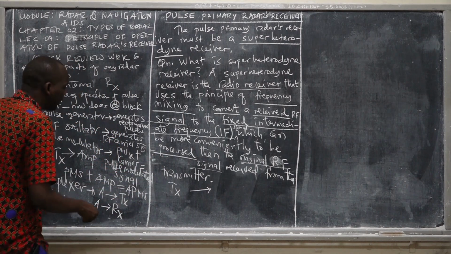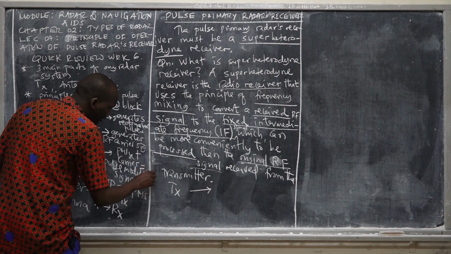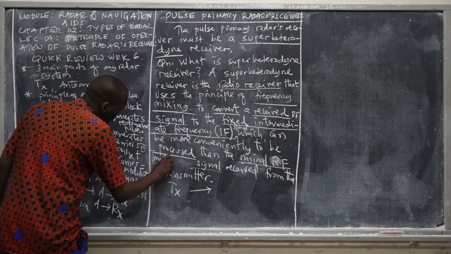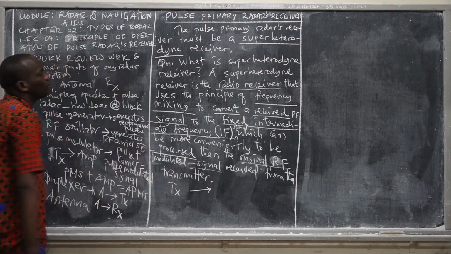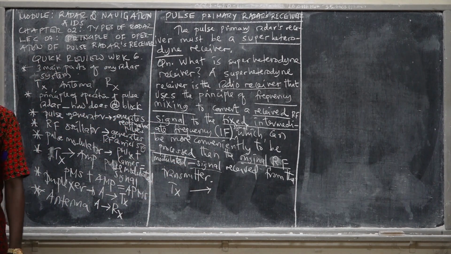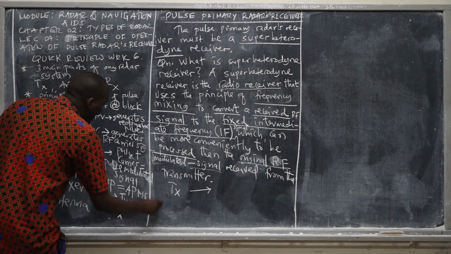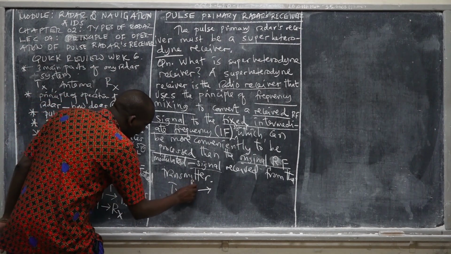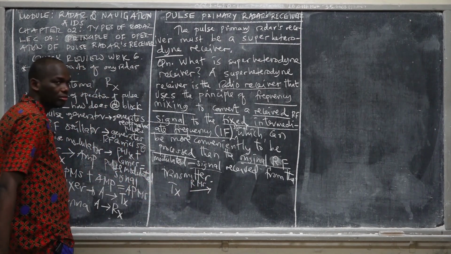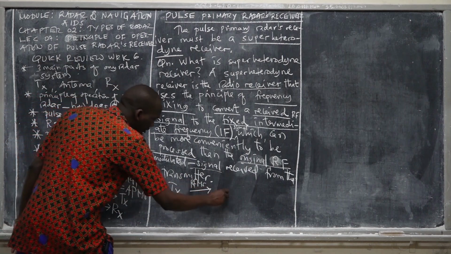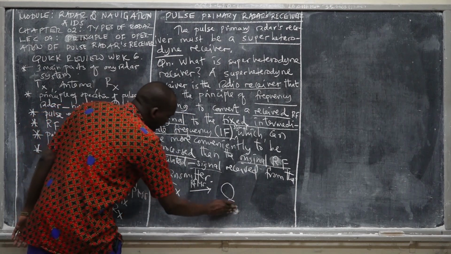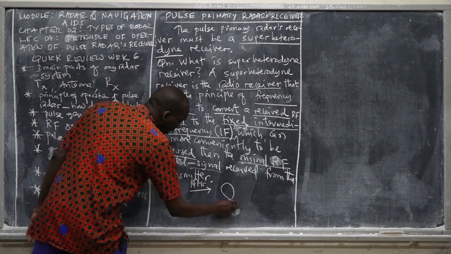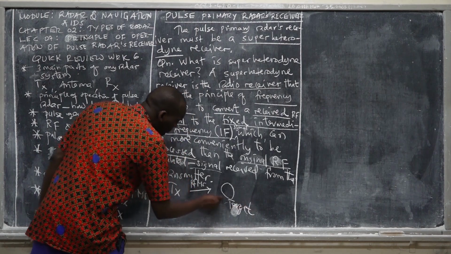Yes, the original RF modulated signal. We are talking about the superheterodyne receiver. So remember that the transmitter gives out an RF modulated signal. Then here we have a target. When you have this target, the target reflects.